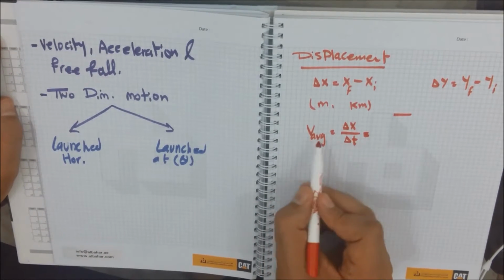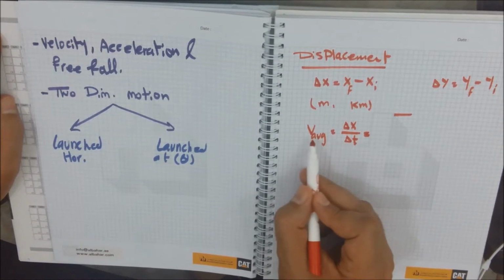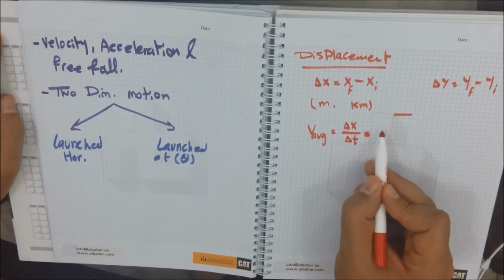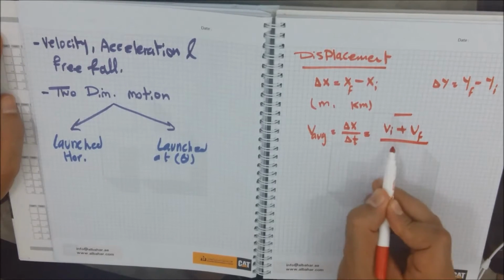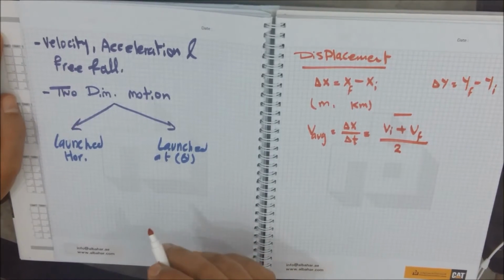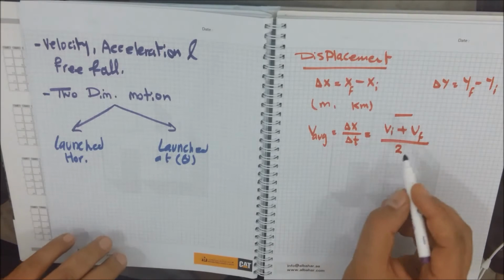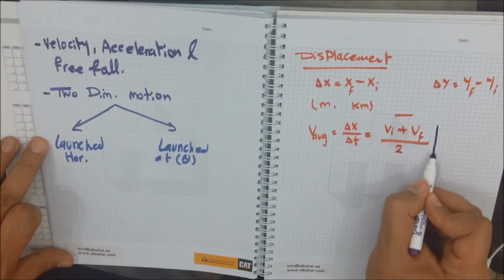An average value in physics, just like in math, is the sum of the values divided by their number. So you have two velocities, basically Vi and Vf, and their average would be calculated by adding both velocities and dividing by 2. So basically you can calculate your average velocity using two formulas, delta x over delta t, or Vi plus Vf over 2, which is the normal way of finding the average values in math.